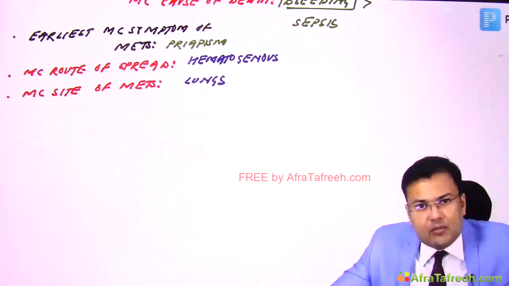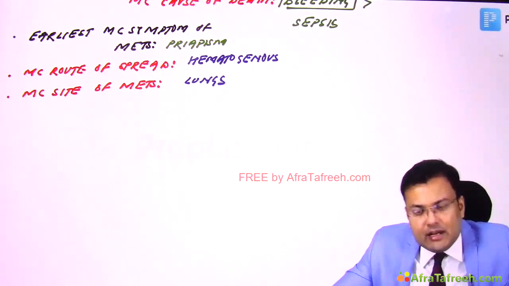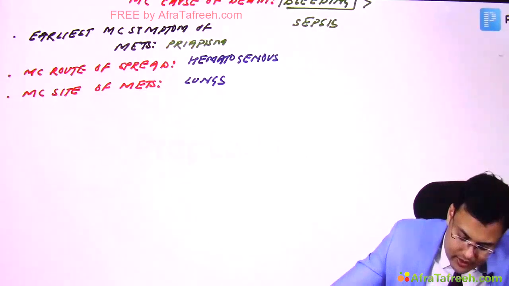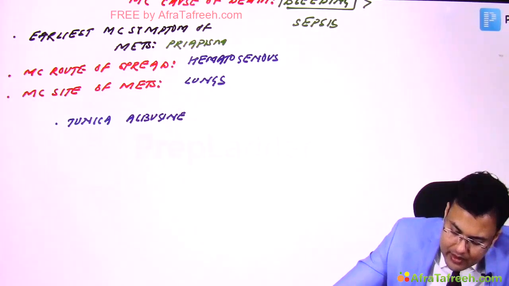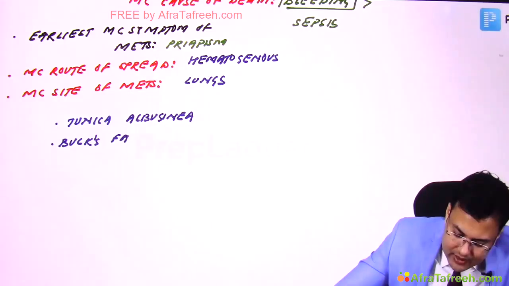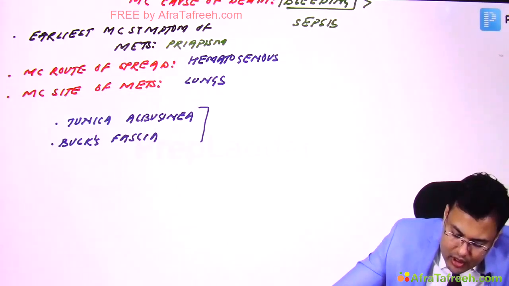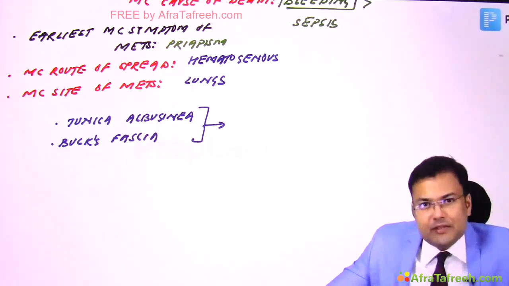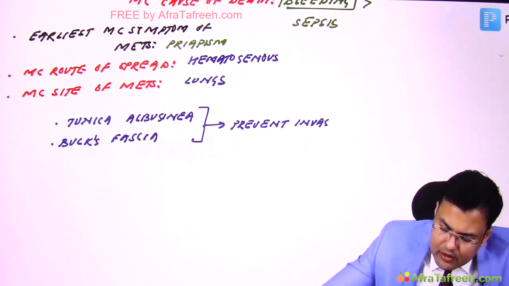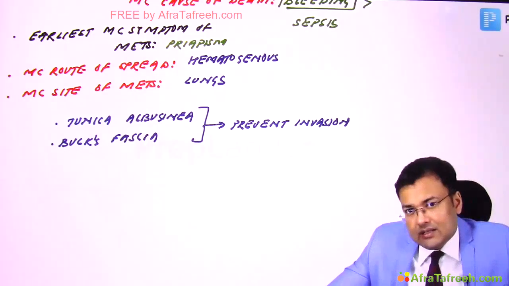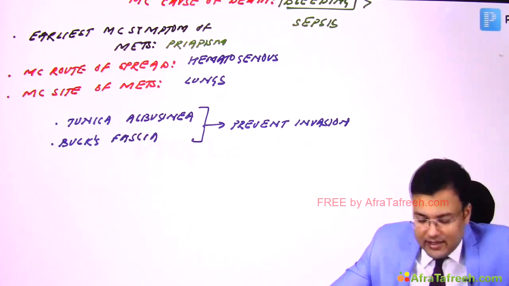But incidence of pulmonary metastasis is rare even in advanced cases. Why? Because tunica albuginea and buccal fascia, right? These are strong barriers and prevent the invasion of vessels. So pulmonary metastasis occurs, but what? It's very late and it's rare.